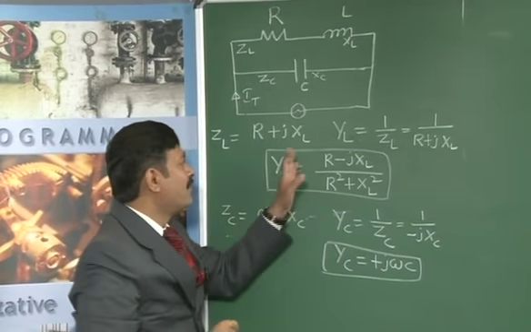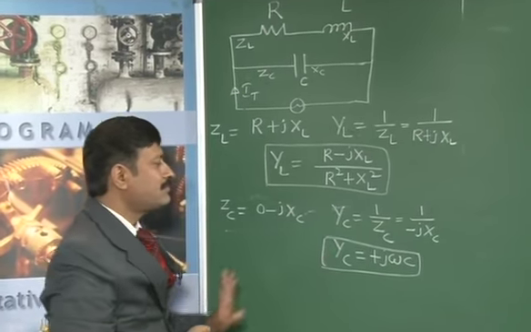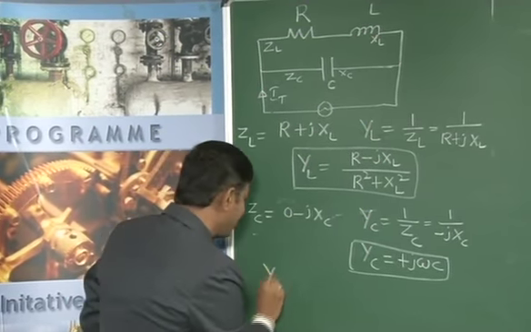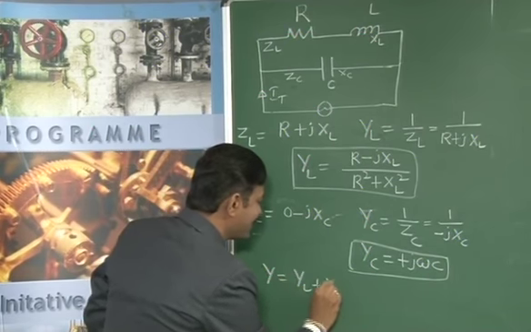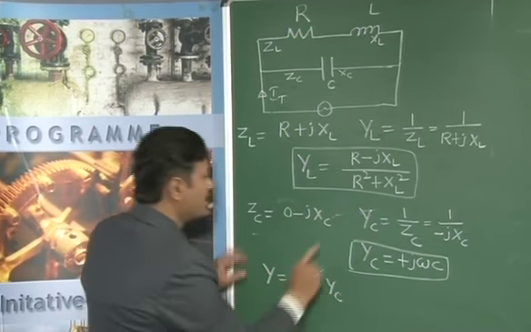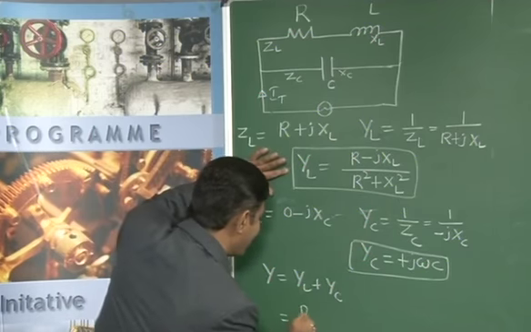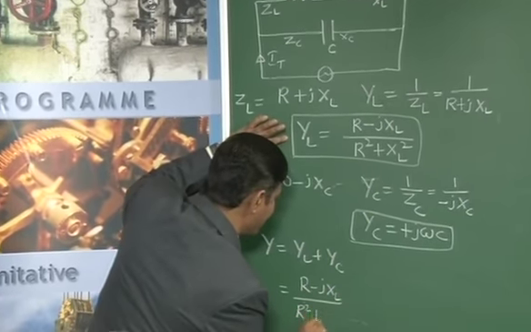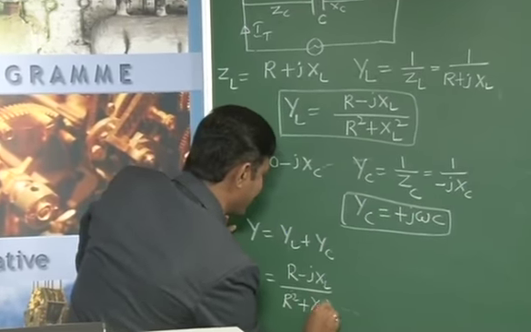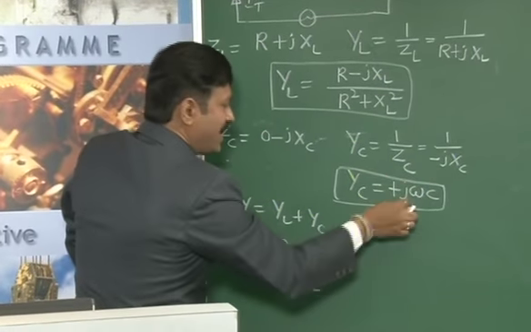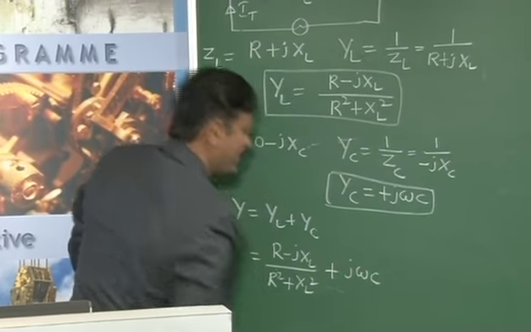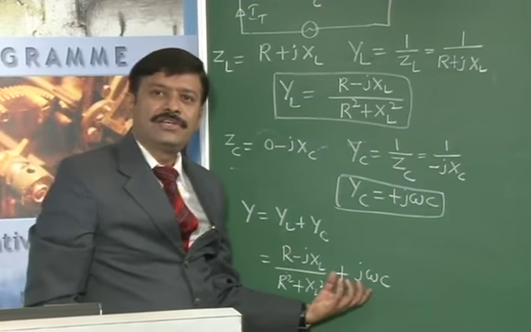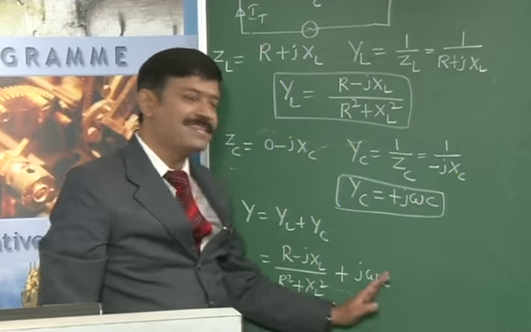After getting YL and YC, you can add these two. Total admittance Y is equal to YL plus YC. This is equal to R minus JXL divided by R square plus XL square, plus J omega C. Here, this expression has both real part and imaginary part.